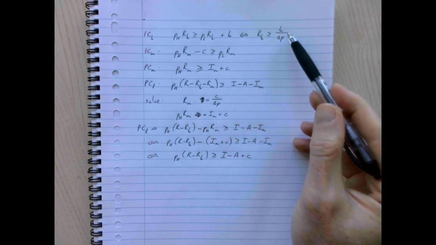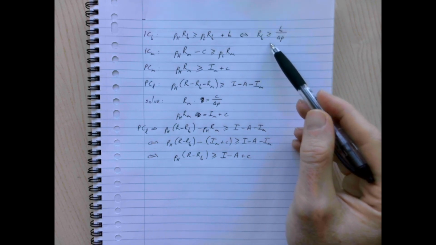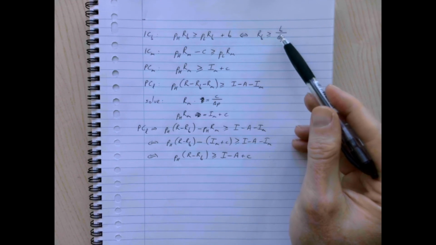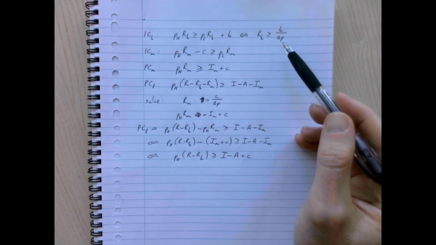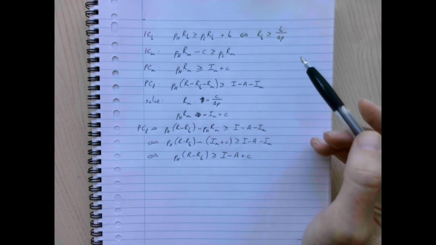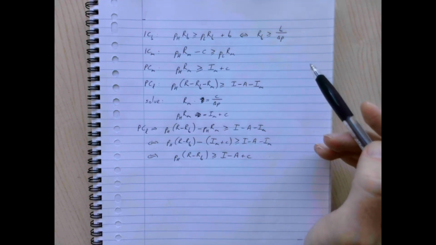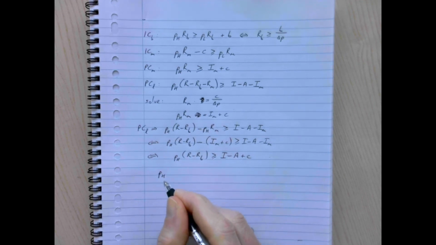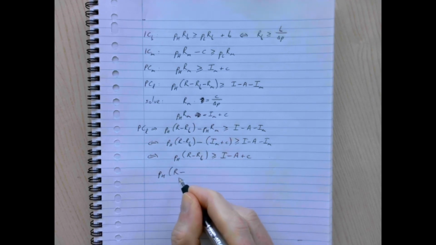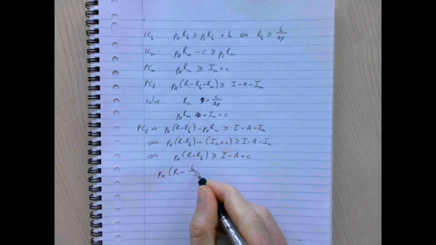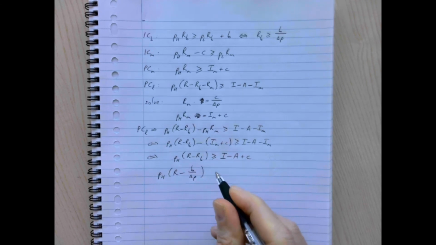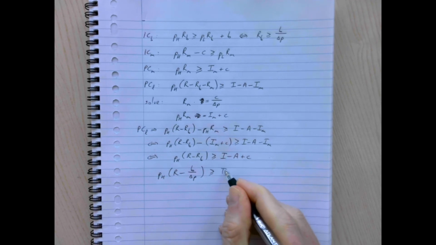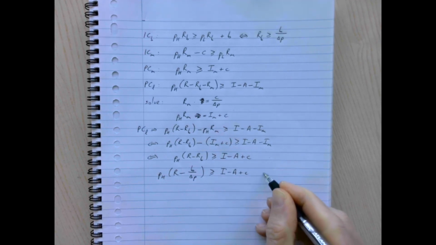You also have the incentive constraint for the manager, for the borrower, for the entrepreneur, which says RB needs to be bigger or equal to this little b over delta P. So we can now use this to rewrite the pledgeable income condition, or participation constraint, in terms of when we can satisfy this, which is going to be pH times R minus the minimum RB that we can have, which is this bit. That needs to be bigger or equal to I minus A plus C as a necessary condition.